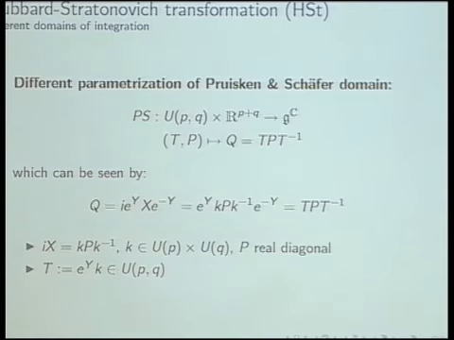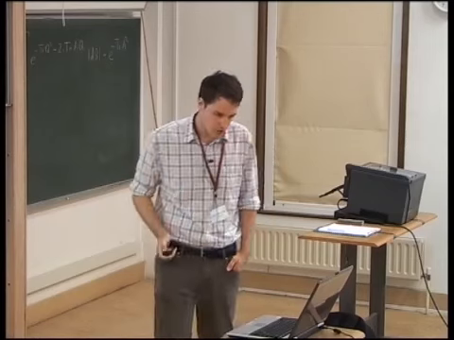This can be easily seen to be just a different parametrization by noting that you can diagonalize unitarily each matrix iX living in iK into a real diagonal matrix, and then e to the y times k is a pseudo-unitary matrix, so you have this series of equations, and so this is just the same. You can use either parametrization of this Preusken-Schäfer domain.